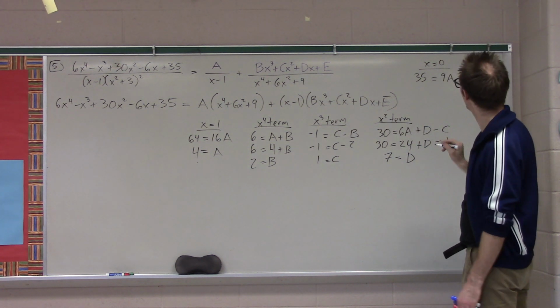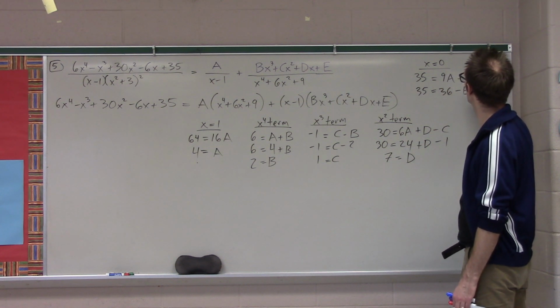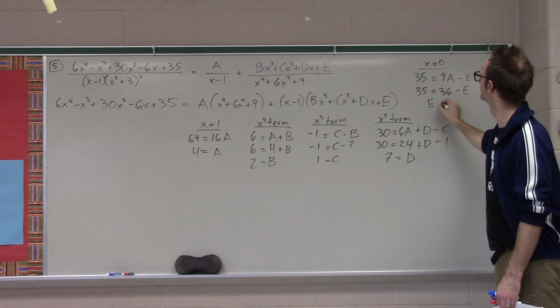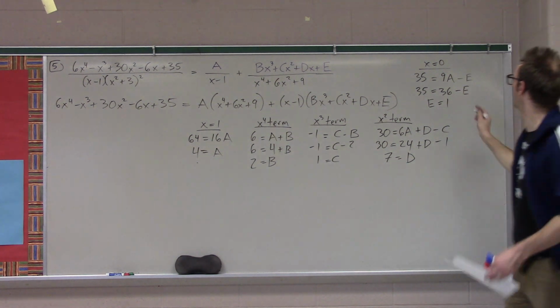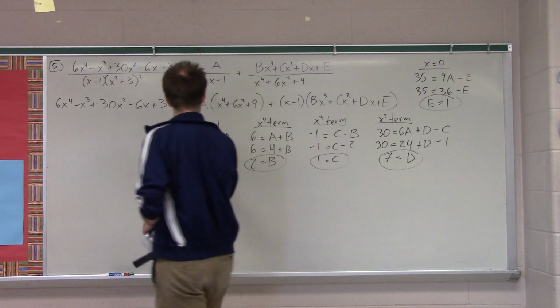Okay, and a is 4, so that's 35 equals 36 minus e, so e is just 1. Alright, that was really annoying, but we were successful.